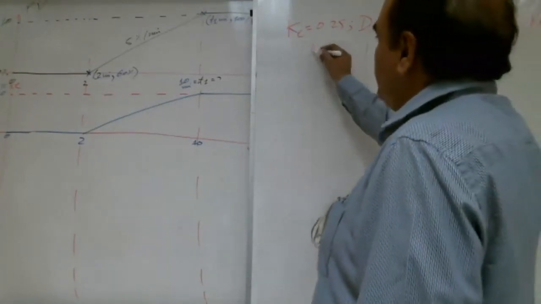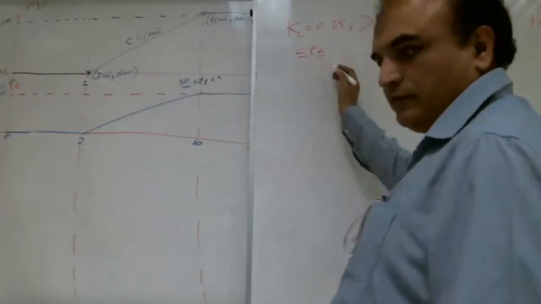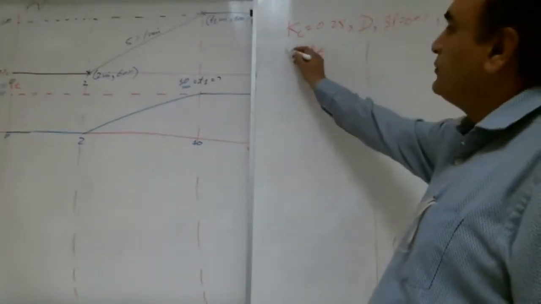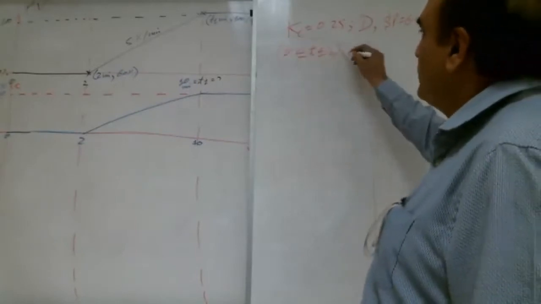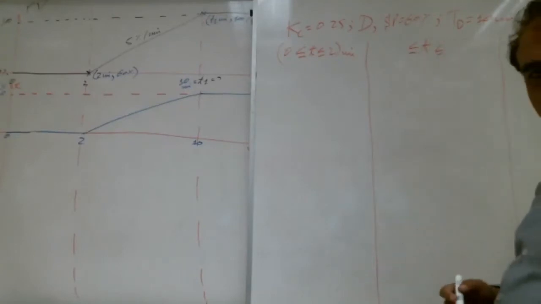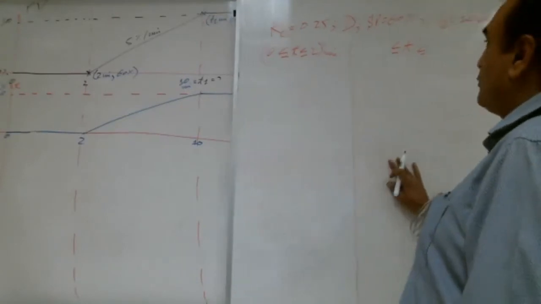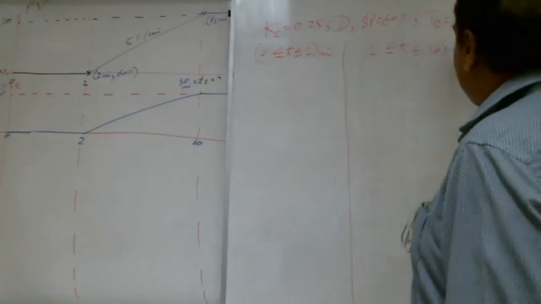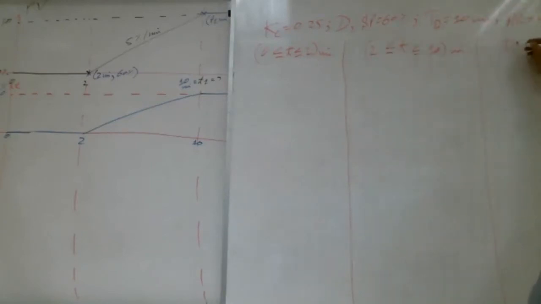What is here? 0 is less than or equal to t, less than or equal to 2. Very good. Then 2 to 10. Very good. Then here, t is greater than or equal to 10.